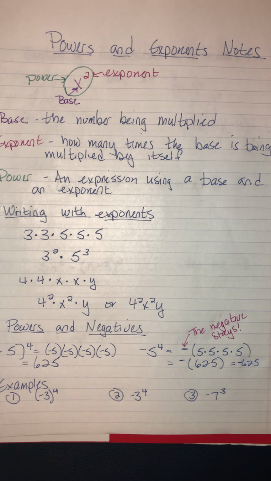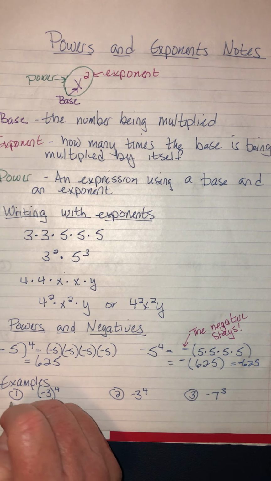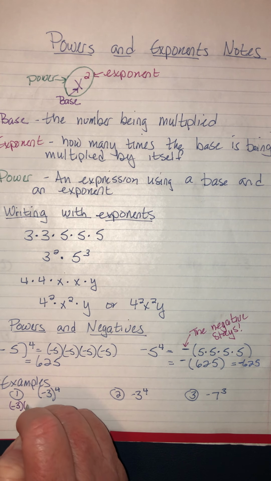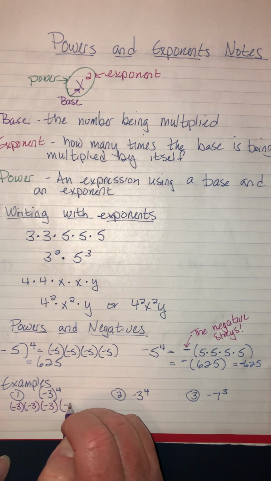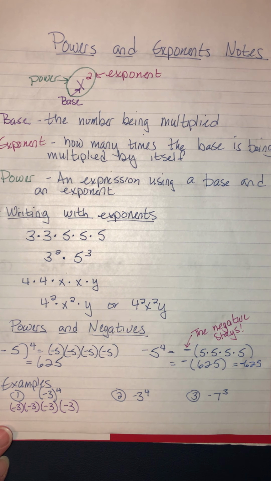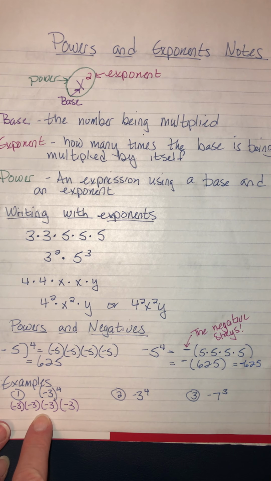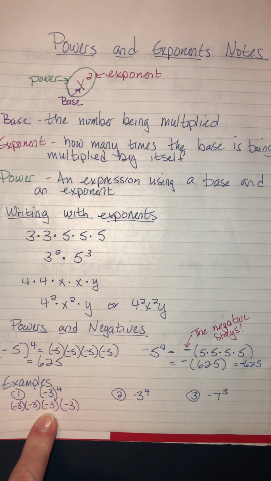Okay, first one. Negative 3 to the 4th is like saying negative 3 times negative 3 times negative 3 times negative 3. Negative 3 times negative 3 is positive 9. Positive 9 times negative 3 is negative 27.